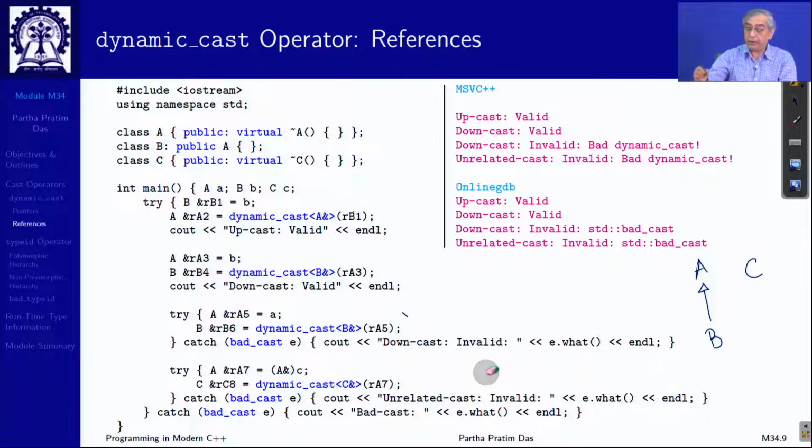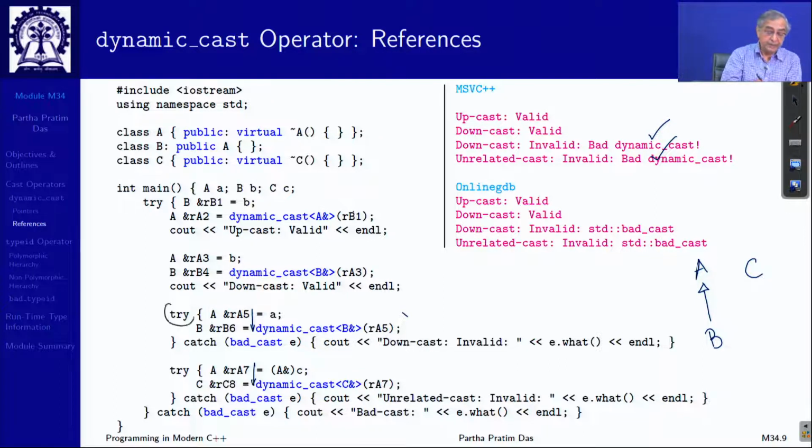Now, you have a point to note in these two later cases where I have error, that since this has to return a reference here, it cannot return a null. So, how does it exemplify the failure?